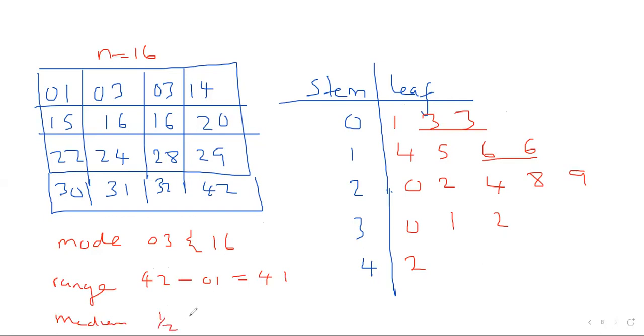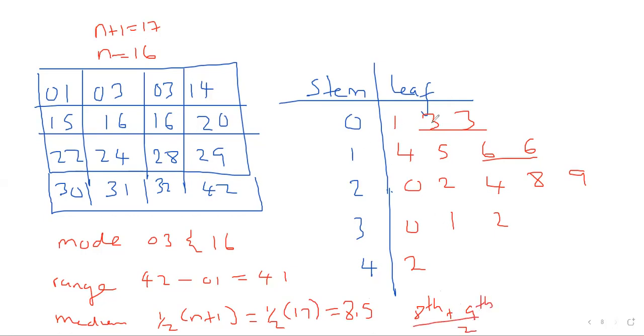Okay, the median is what? Half of n plus 1. N plus 1, 17. Half of 17 is what? 8.5. 8.5 means the 8th number and the 9th number, divided by 2.